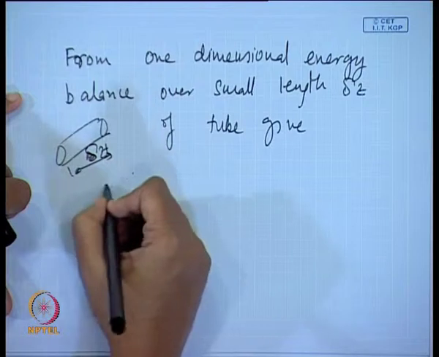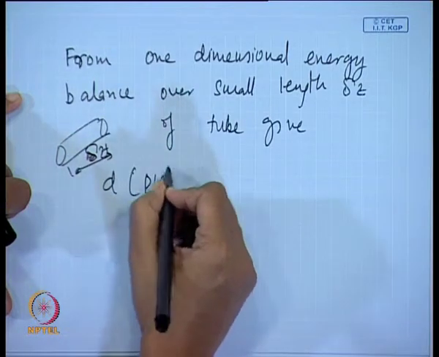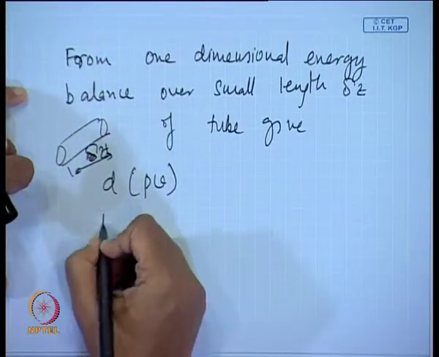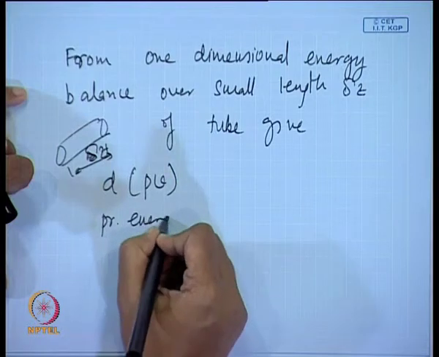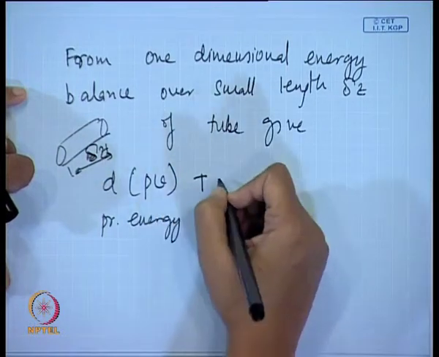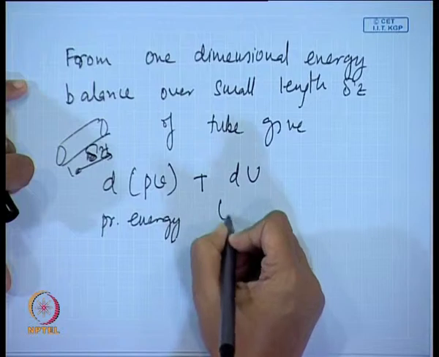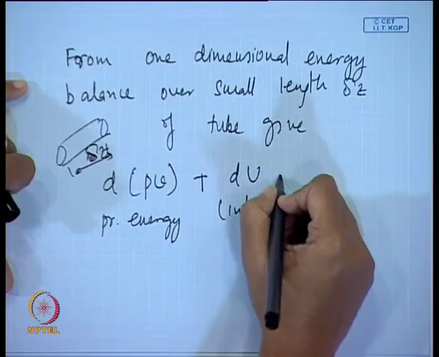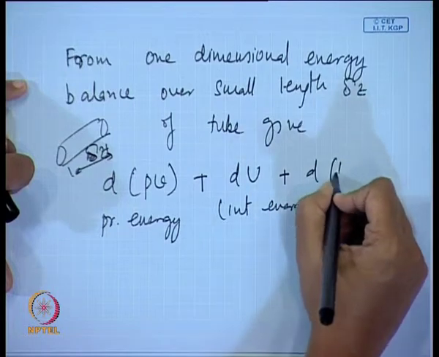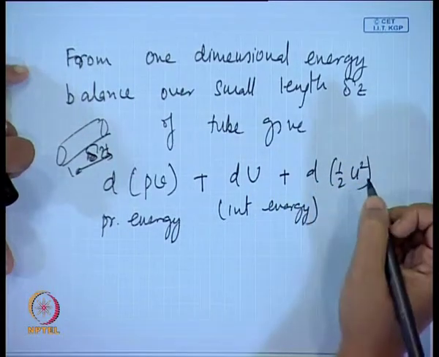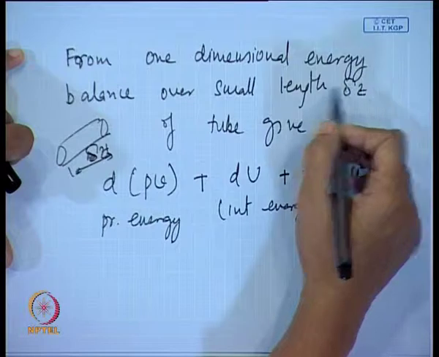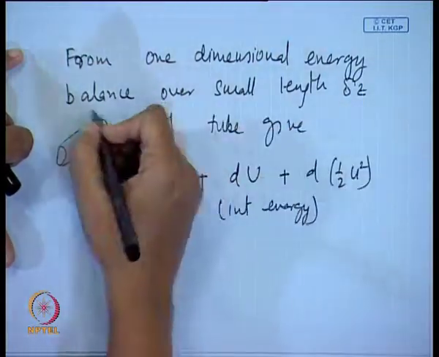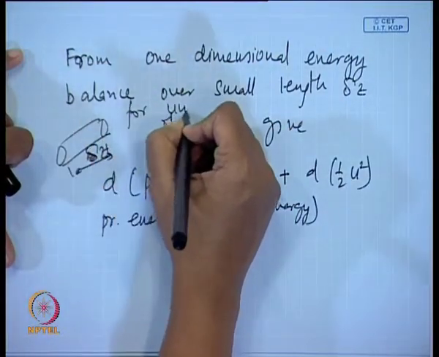So, what are the different types of energy we have? PV, okay, this is the pressure energy, plus internal energy, plus, this is for unit mass of the fluid that I am doing, for one dimensional energy balance over small length delta z for unit mass of fluid.